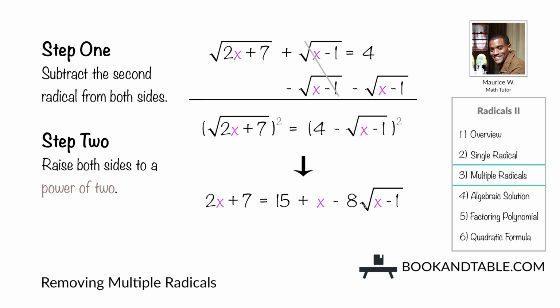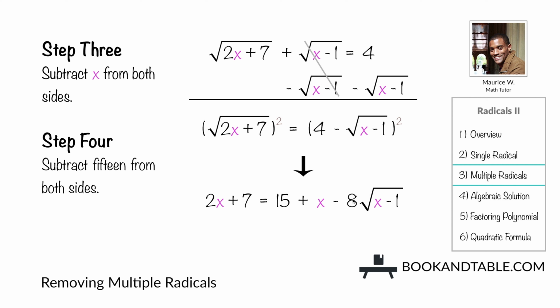And now we want to isolate this second radical and do the same thing we did here. So again, we're going to move the terms on the same side as our radical sign to the other side. That way we can isolate this radical. So step 3, subtract x from both sides.